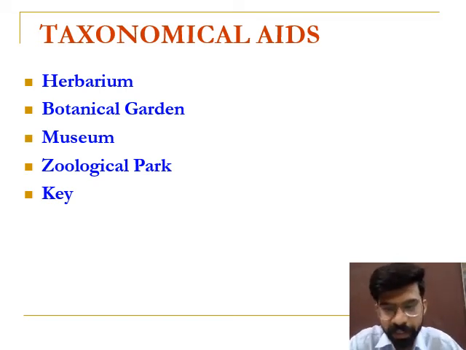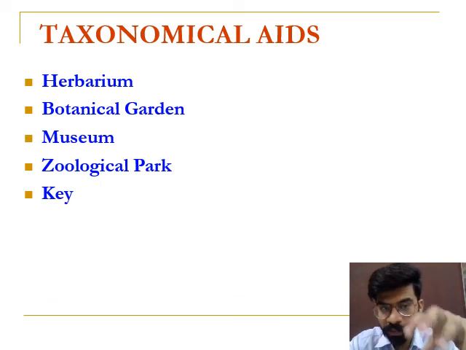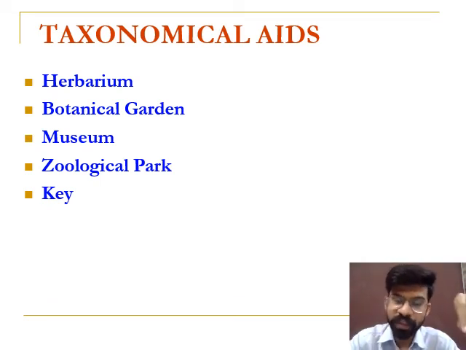Then botanical garden. You can define it as an area in which different plants are grown in a particular preserved condition. Means the botanical gardens are covered, and different plants are grown in a single area, so that identification will be easy and the different characters can be easily studied.